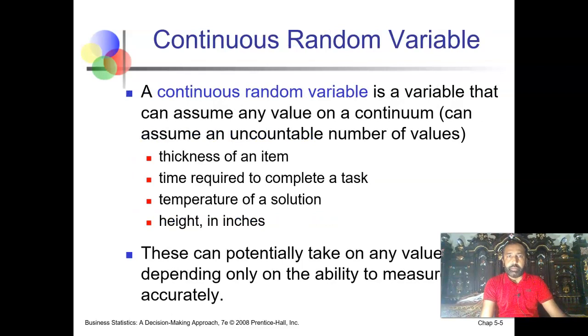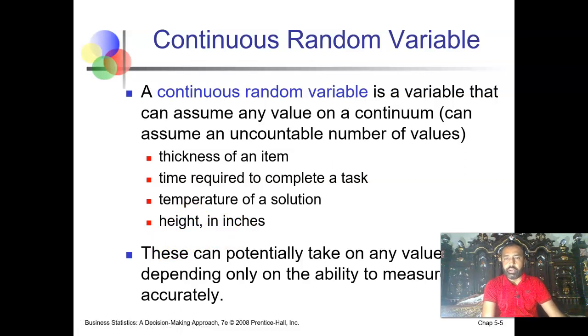Now, the second type is the continuous random variable. A continuous random variable is a variable that can assume any value on a continuum. What does it mean? That it can take values in decimals as well. The examples are thickness of an item, time required to complete a task, temperature of a solution, height in inches. For example, height of a student can be 52.2439 inches.